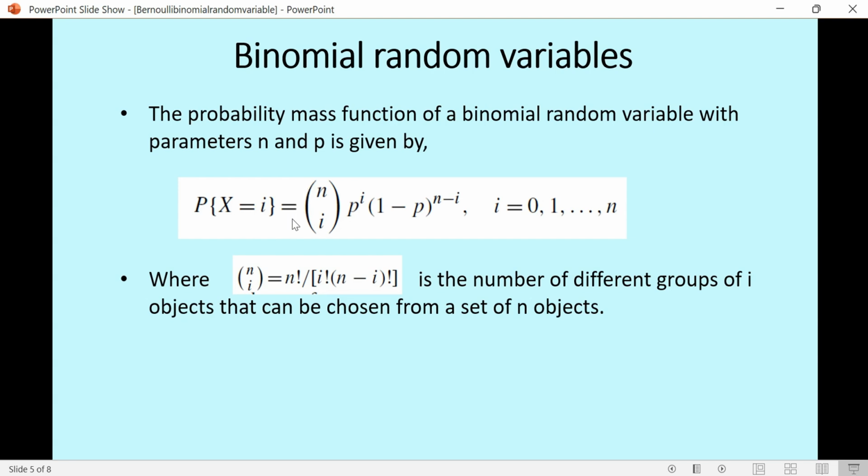For each number i, where the number of successes is i, we can use this form. Here n choose i, with the parentheses, is a combination, which means how many different ways there are of choosing i from a total of n.